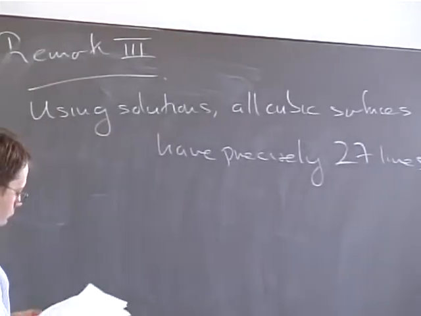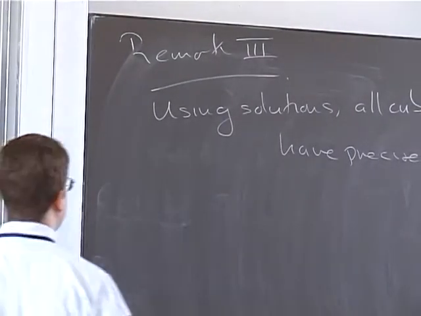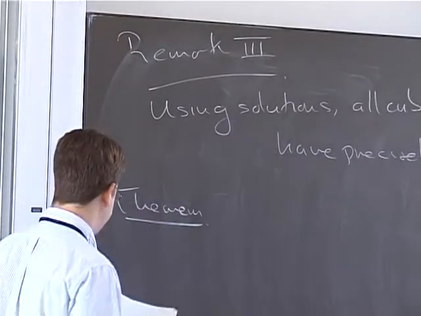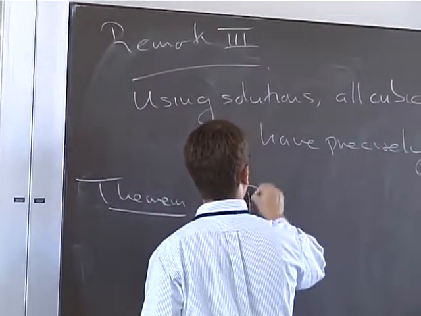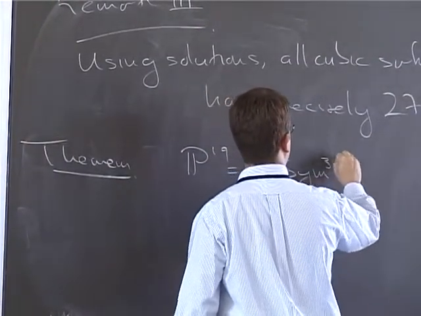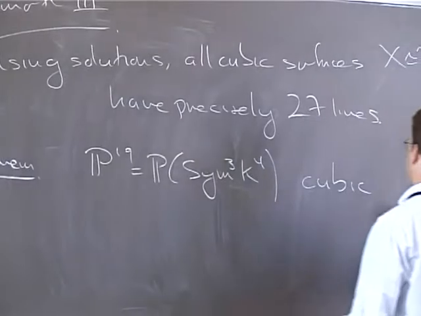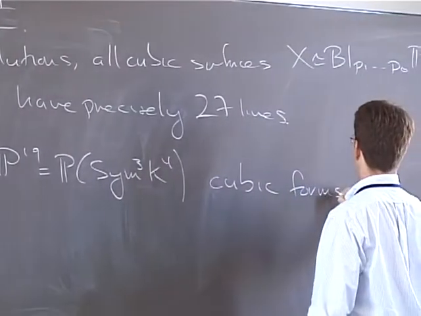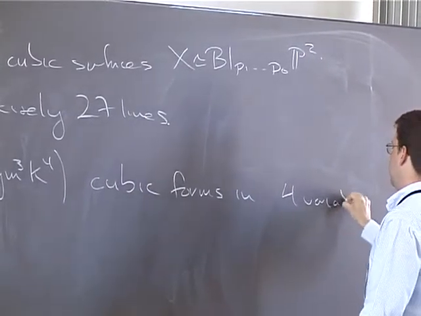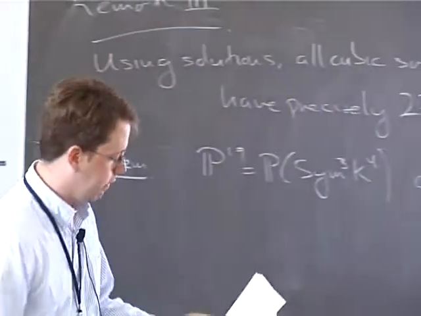So how do we extend this to an arbitrary cubic surface? Well, we need a theorem. So let's consider P19. This is the space of all cubic polynomials in 4 variables. So this is a Hilbert scheme of all cubic hypersurfaces.